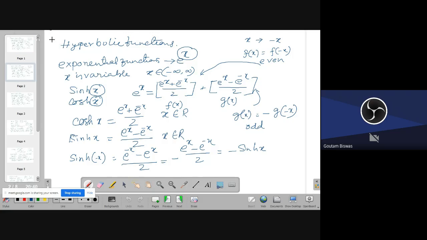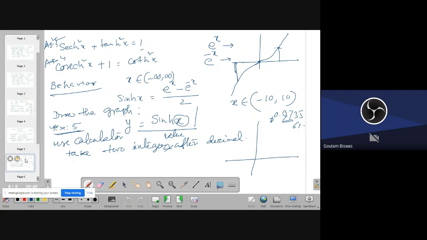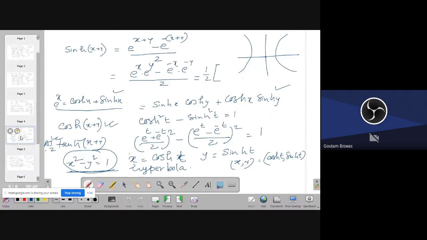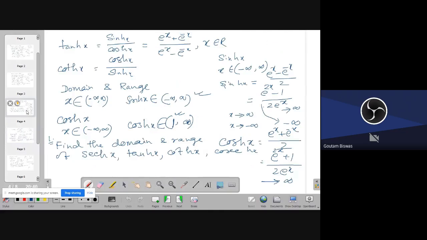This is page 2. Okay. Page 5. This is page 5. This is the 4th page.